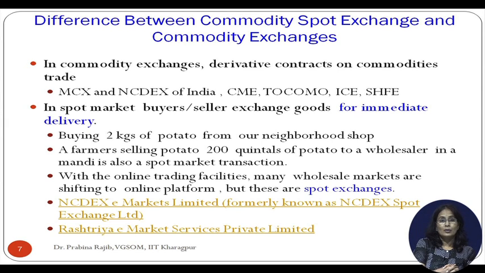In a spot exchange, buyers and sellers exchange goods for immediate delivery. Let's say buying 2 kgs of potato from our neighborhood shop can be treated as a spot market transaction, and a farmer selling probably 200 quintals of potato to a wholesaler in a local mandi is also a spot market transaction.